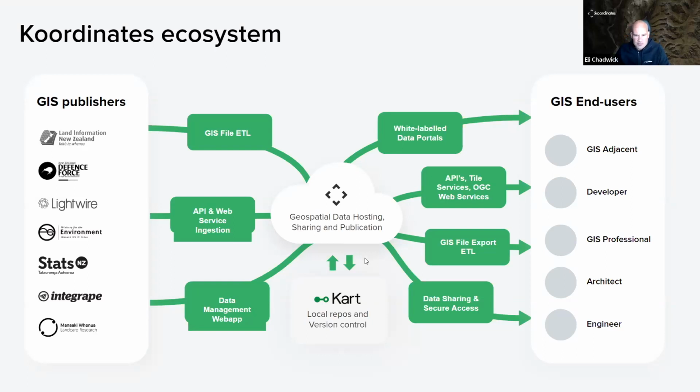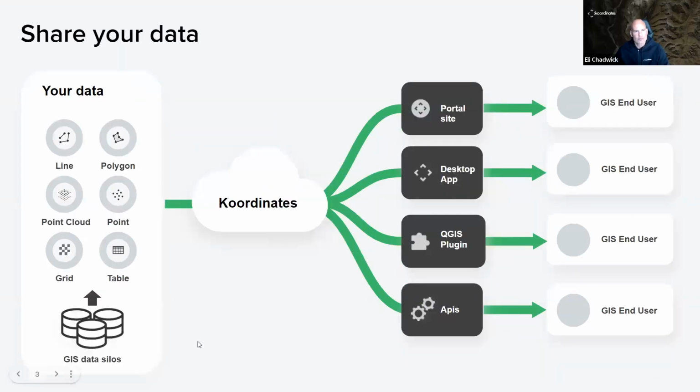And then if I just jump to this next slide, this slide's all about, we know tons of users or organizations have their data sitting around on file servers, and they have various methods of distributing it to people. The philosophy here at Koordinates is bust your data out of your silo, get it onto the internet, and get it into the hands of the end users, which, as I just mentioned, could mean a lot of different things.